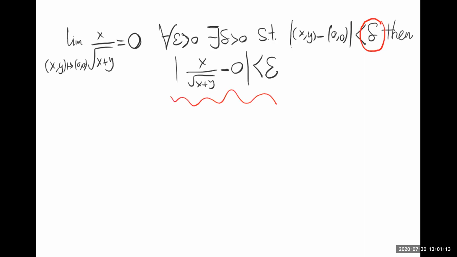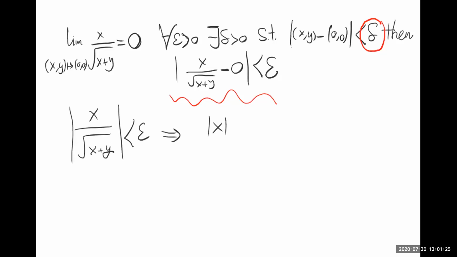So the condition I have here is that the absolute value of x over square root of x plus y minus 0 should be less than epsilon. Therefore, the absolute value of x over square root of x plus y should be less than epsilon. Okay, what can I do?